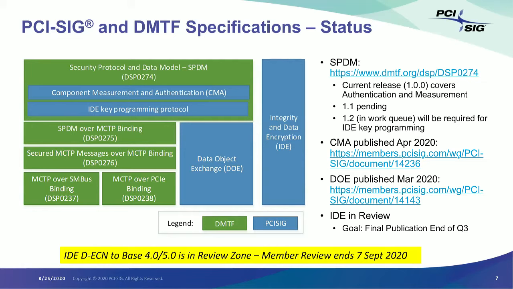And so I'm really hoping that we can get all of the critical member feedback rolled in by that time, which is why this is such a timely presentation. And so it's my hope that fairly quickly after that, we'll be able to turn this around and get this published as a final ECN. All of the other items I talked about are already released.